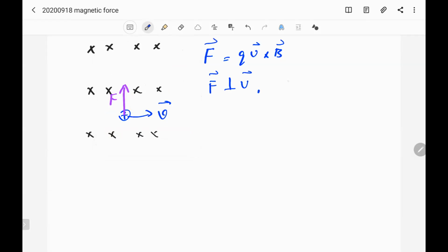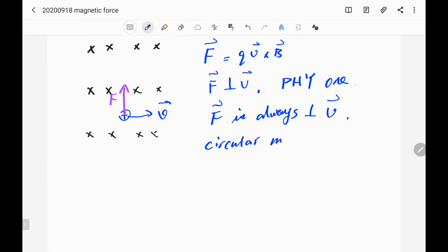So in physics one, if you still remember, if the force is always perpendicular to the velocity, then this object is going to move in a circle. So we will find a circular motion, right?